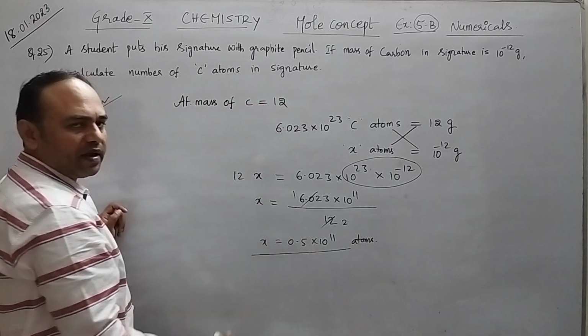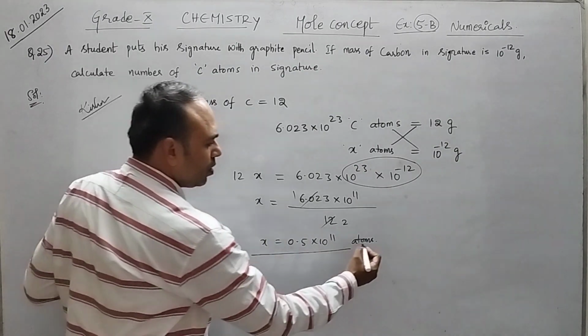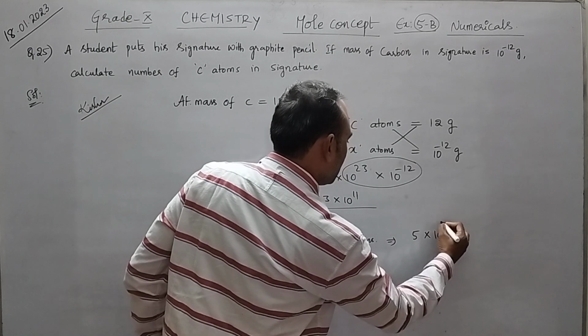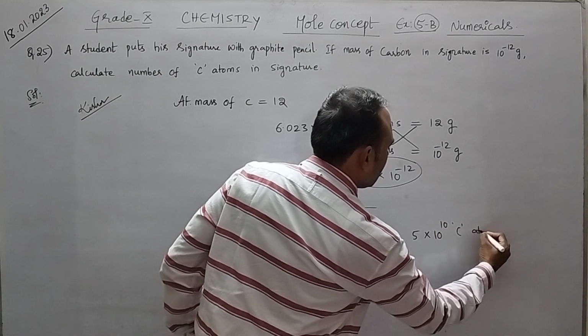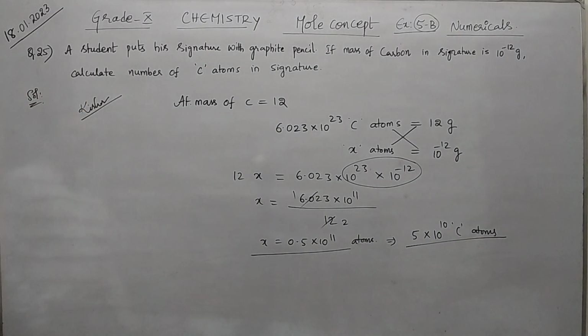Now we need to convert into scientific notation. Therefore 0.5 we have to make it as 5.0. Now what you get? 5 into 10 to the power of 10 carbon atoms. So very simple. Hope you have understood this. So we can write like this.